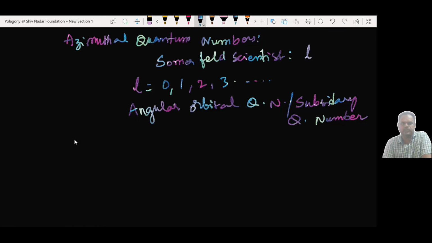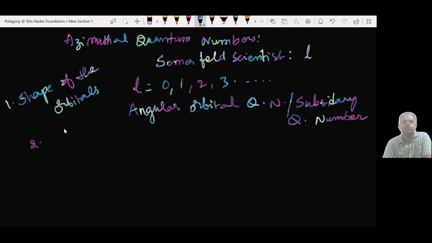We write subsidiary quantum number and angular orbital quantum number for this azimuthal quantum number, introduced by the scientist Sommerfeld. It is designated with L, and it tells about the shape of the orbital.